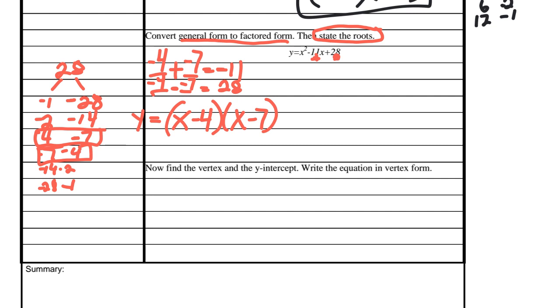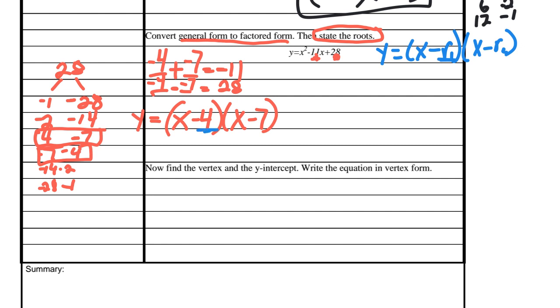Now we have to state the roots. Well, remember that factored form in general is just x minus r and x minus r. Sometimes there's an r1, sometimes an r2, and the r's stand for roots. So now it's basically like matching. Root 1 matches with the 4.